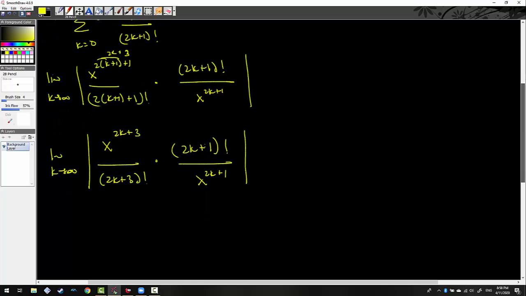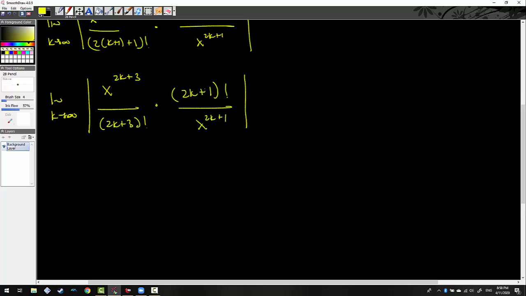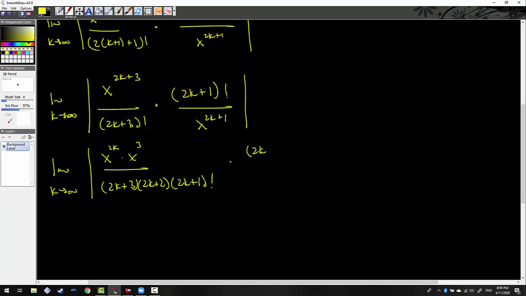We're going to split up our terms here, and you don't have to show this part; I like to, just so people can see what I'm thinking. x cubed over 2k plus 3, 2k plus 2, 2k plus 1 factorial, times 2k plus 1 factorial over x to the 2k times x.